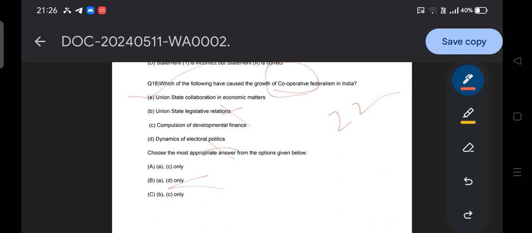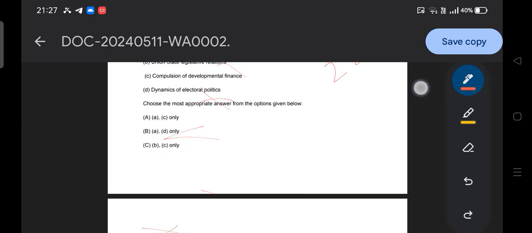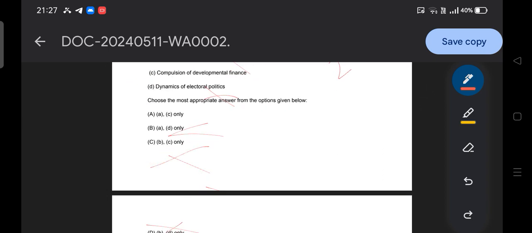There is also a doctrine we have already learned, the doctrine of pith and substance, where one tries to identify the competency of the legislative power of the center and state. So the union state legislative relation is not responsible for cooperative federalism, and you can eliminate option B.